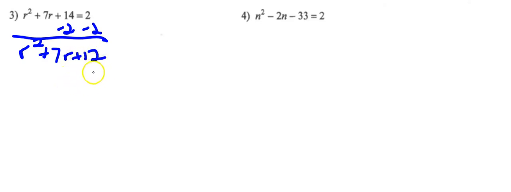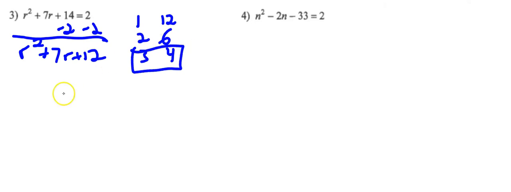Now this is that case where we need to find out what multiplies to c and adds to b. So we have to factor 12. We have 1 and 12, 2 and 6, 3 and 4. And then what I'm going to recognize is that these add to 7.